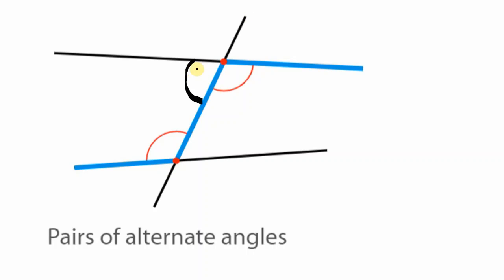If you alternate it or switch it to the other side of the transversal, you also have an angle. They are therefore switching sides, but both are inside the parallel lines. So this is what we call alternating angles. So we have here two sets of alternating angles.